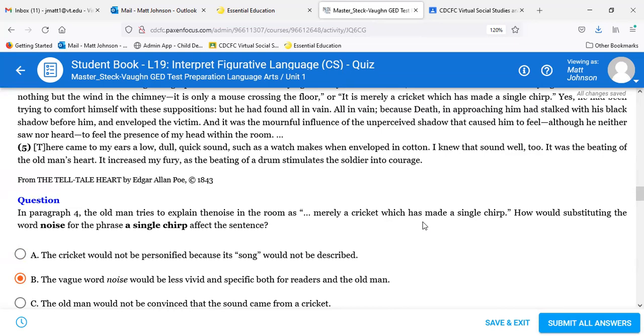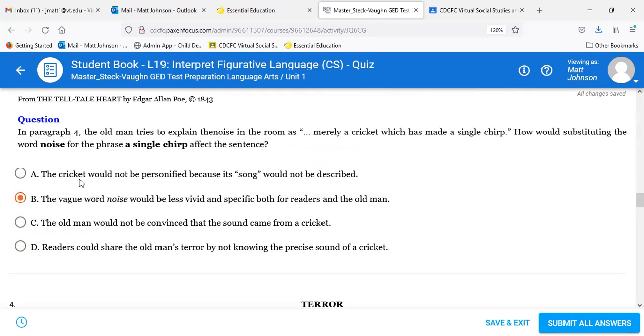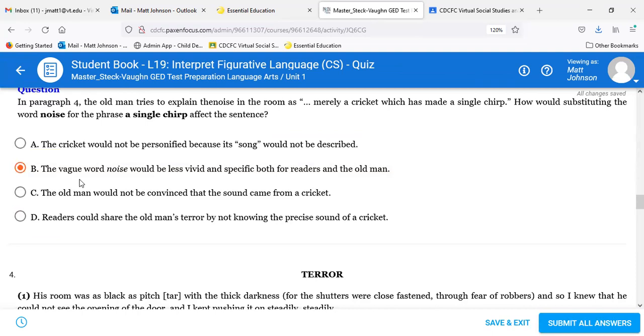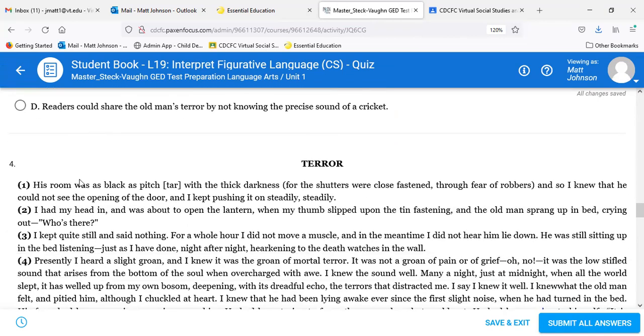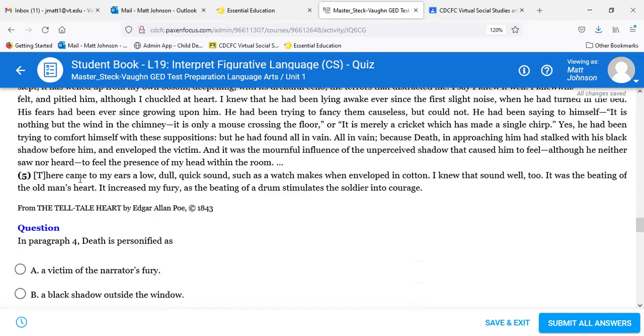We could actually just hear it moving across the ground or something like that, not necessarily a chirp, which is a very specific sound. So that's giving it more specificity, more detail. And that's all about good writing.